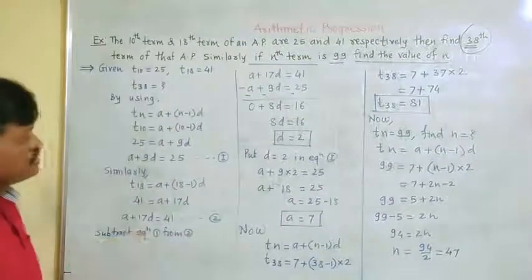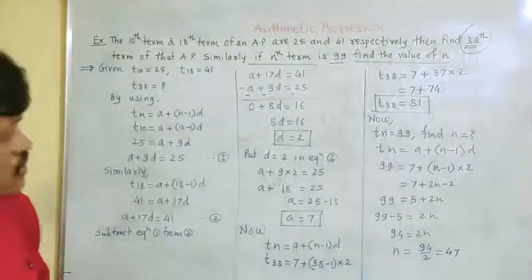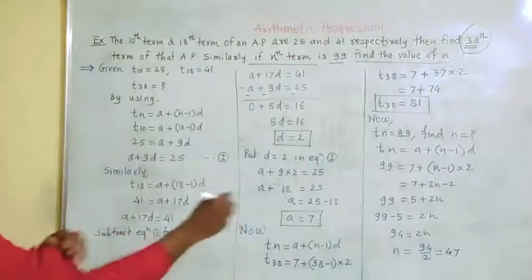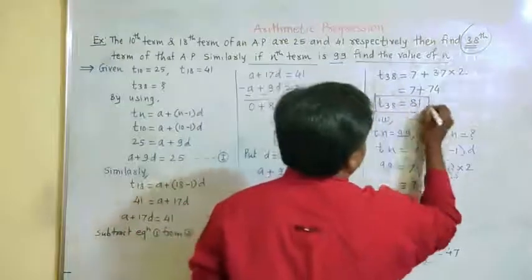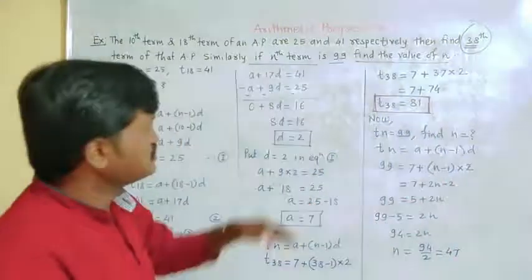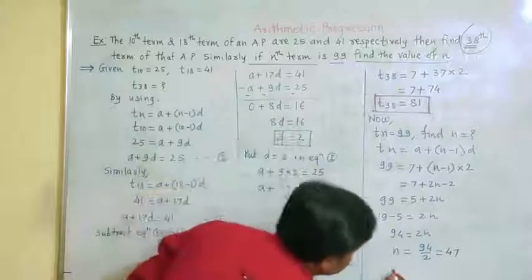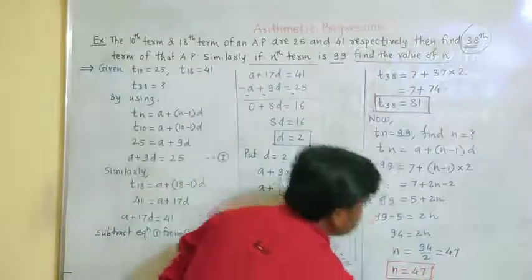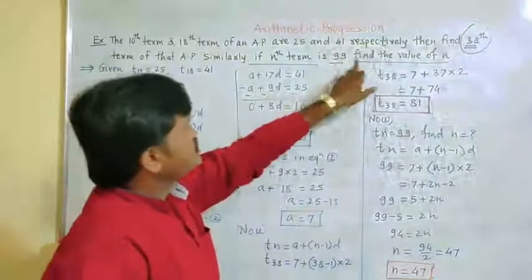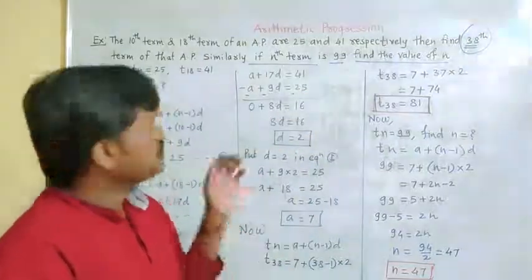So in this example, we calculated two values. First, the 38th term, this is the answer, and second, n is equal to 47. That means 99 is the 47th term in this AP.